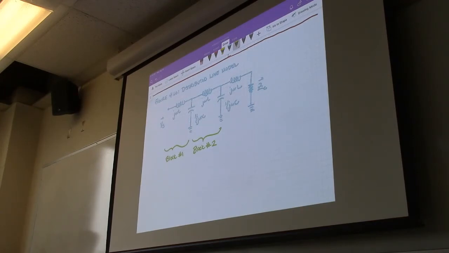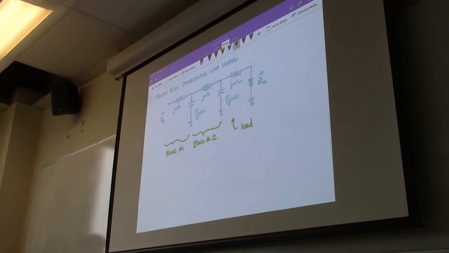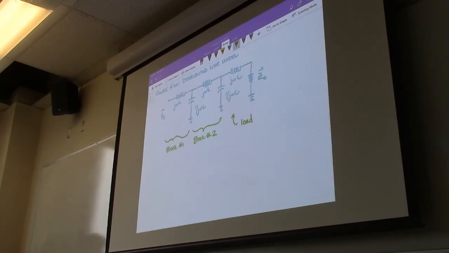And this is our load. We could obviously use more blocks if we want it to be more accurate. So we're only going to use two and a half blocks, if you count the one associated with the load.